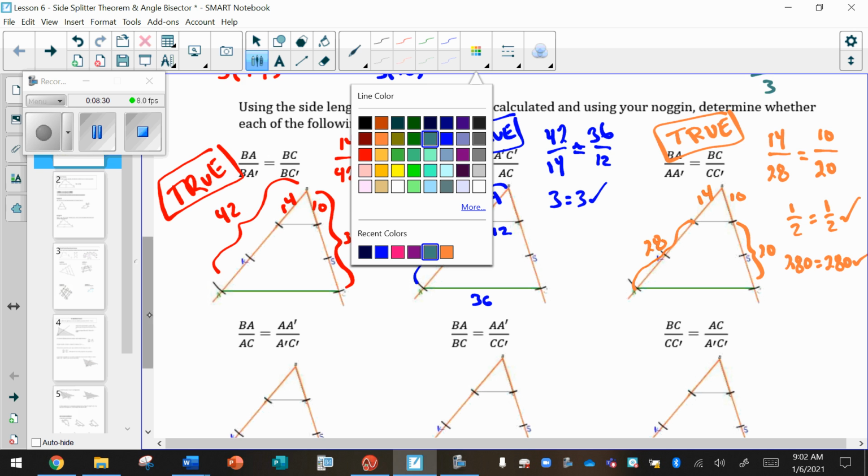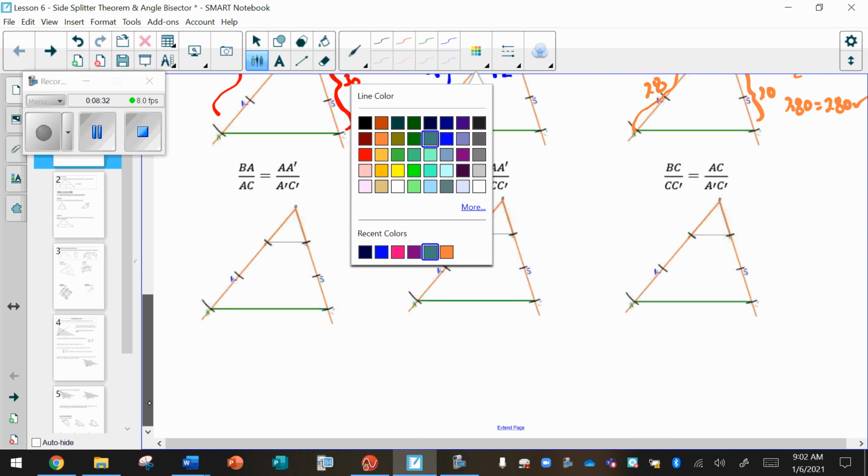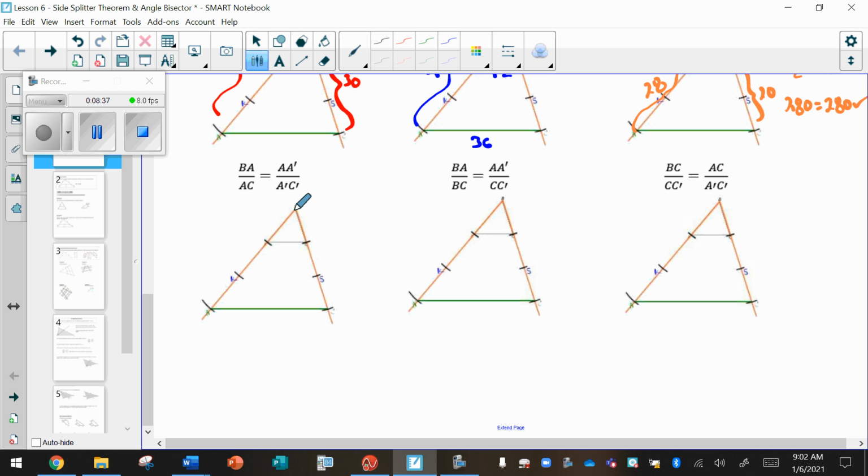All right, on to the next row. BA is 14. AC was 12. So we have 14 over 12. And then A prime was 28.